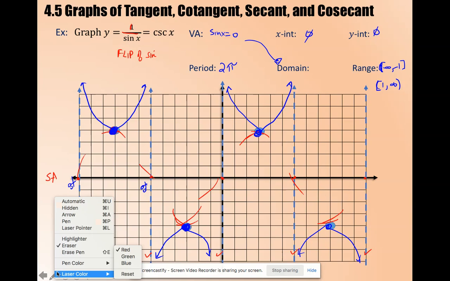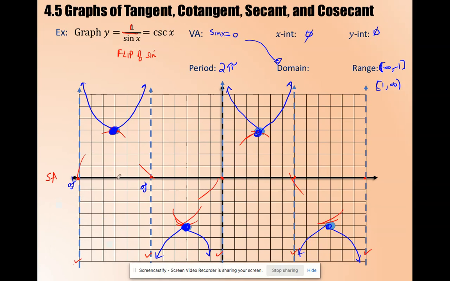What was a minimum on sine becomes a maximum on its reciprocal. So you need to label all of the vertical asymptotes, and you need to label the maxes and mins, which are no big deal because they're the maxes and mins on sine. The maxes and mins on sine turn into the mins and maxes on its reciprocal.